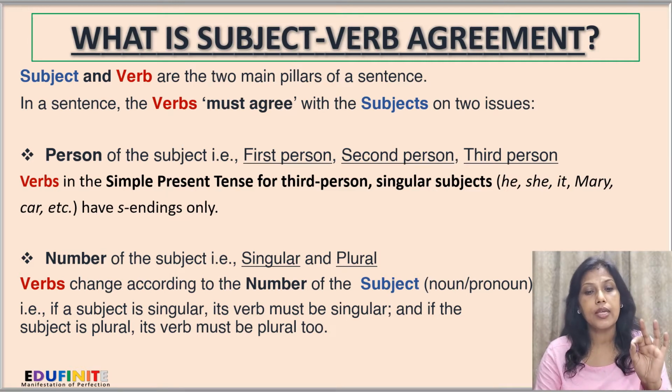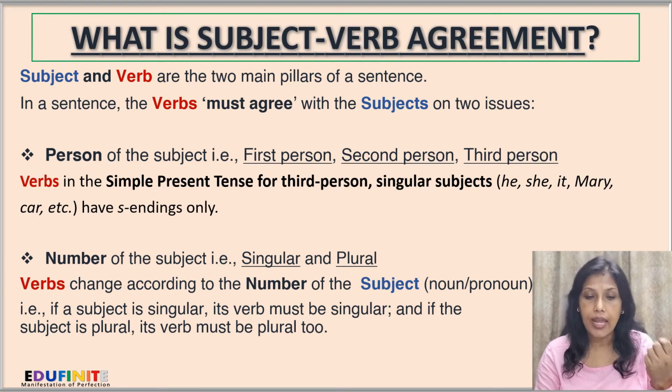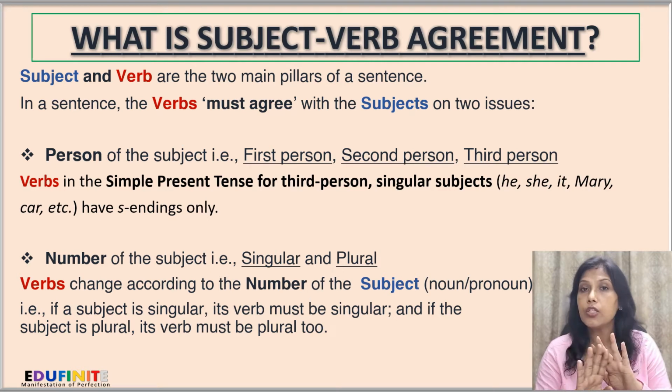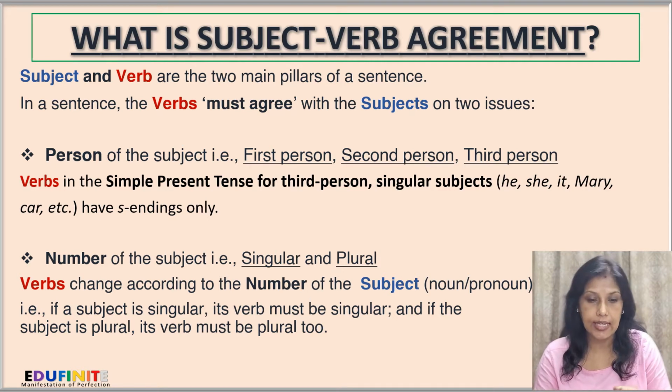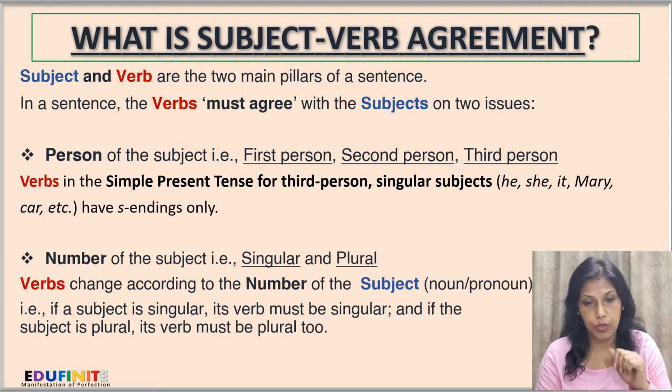Verbs in the simple present tense for third person singular subjects like he, she, it, Mary, car, etc. have S endings only. Others, first person plural, second person singular and plural, and third person plural, do not have any S endings.